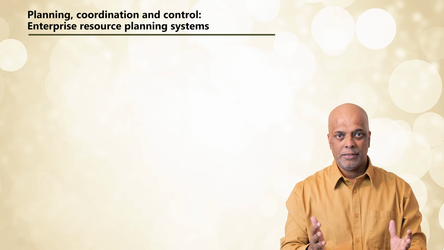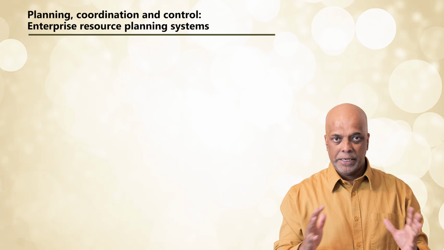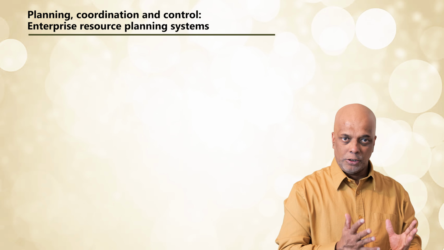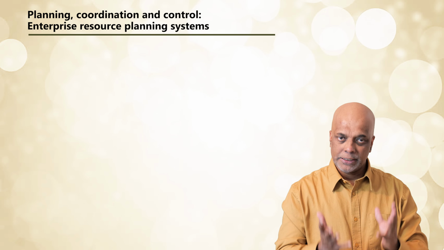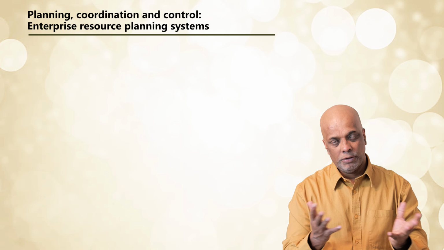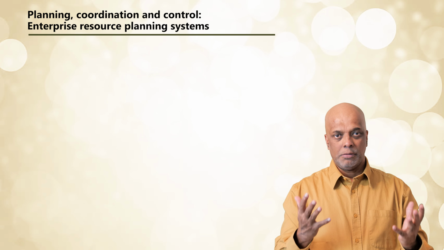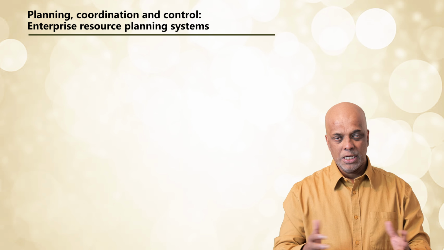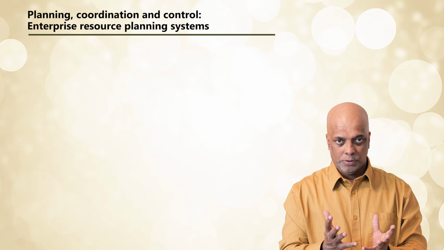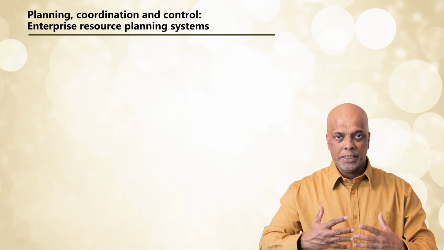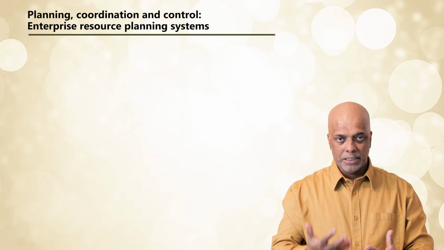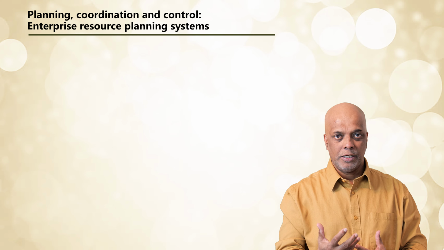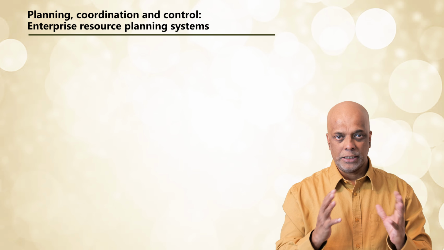For that end, companies can use many different techniques. For example, companies can use, in a conventional sense, budgeting, or even the balanced scorecard. However, one of the most comprehensive and increasingly popular is the enterprise resource planning, or ERP, systems.